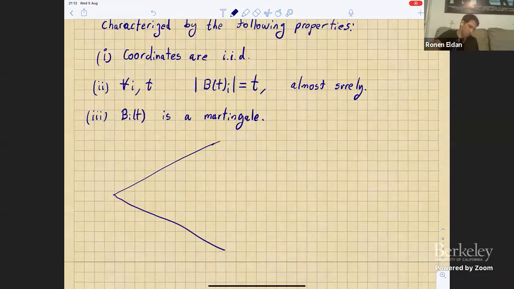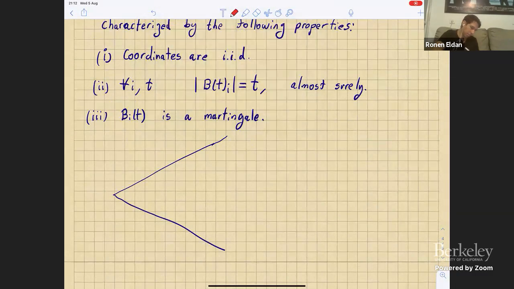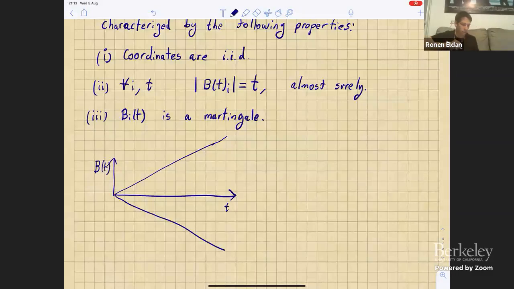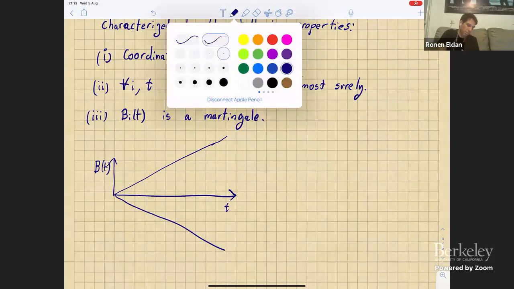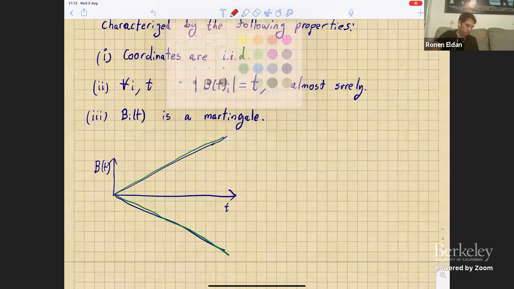First of all, this is the t-axis, and this is the Bt axis. We know that this process is always going to be on one of these two lines because of property 2. So it can either be on them or jump between them.